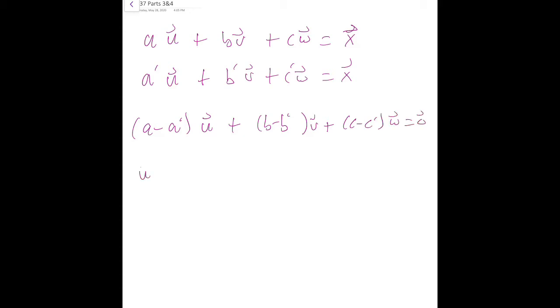In other words, U is equal to (B prime minus B over A minus A prime) V plus (C prime minus C over A minus A prime) W.